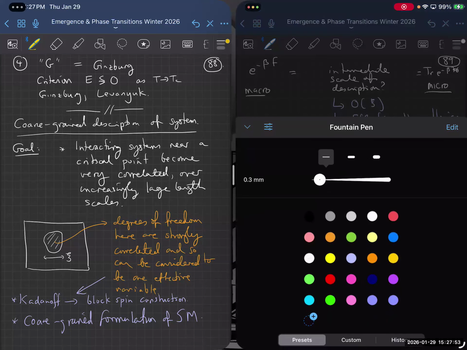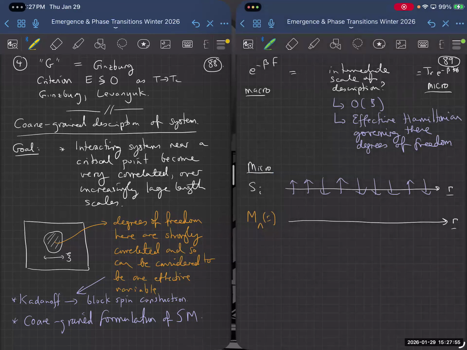So it's going to live on the same scale here. Now, the Ising spins lived on lattice sites. So these are discrete lattice sites. But now this m of r is a continuous variable. What I'm going to do is coarse-grain.